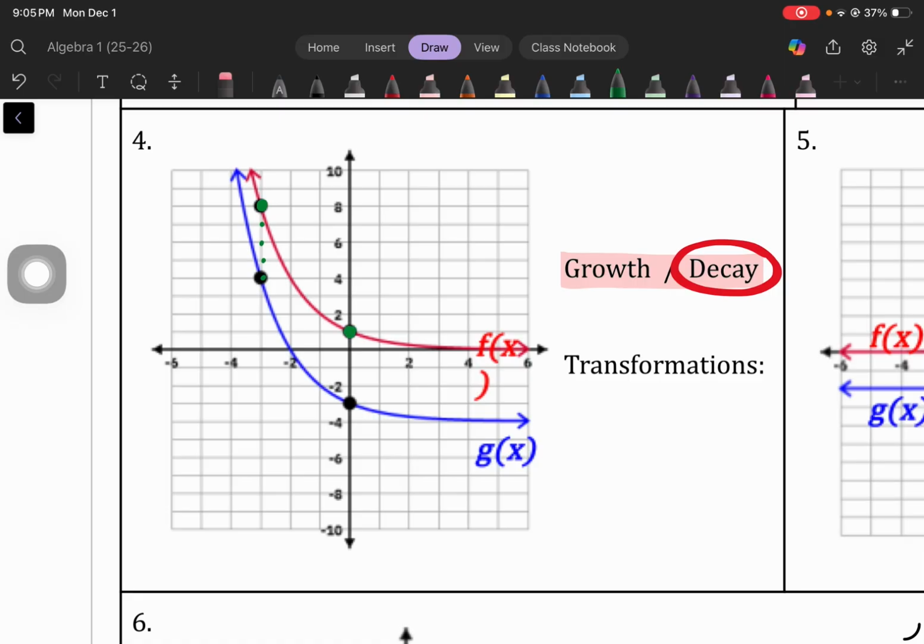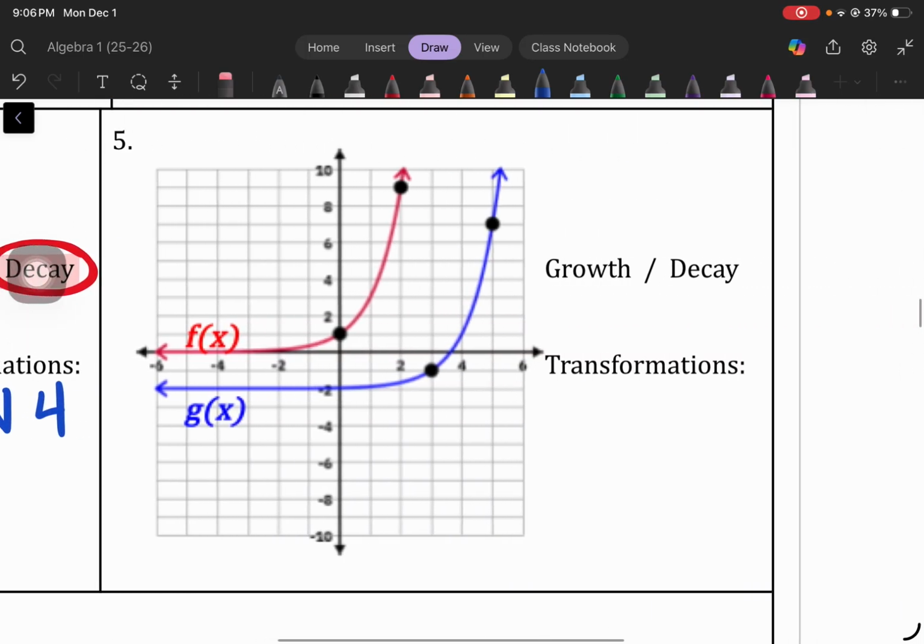So starting at f of x and going to g of x, I went 1, 2, 3, 4 down. So the only transformation that we have going on is that we went down 4, from red to blue.